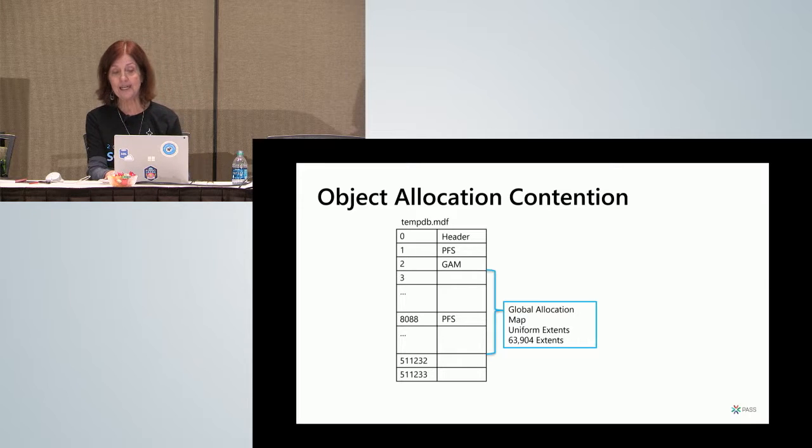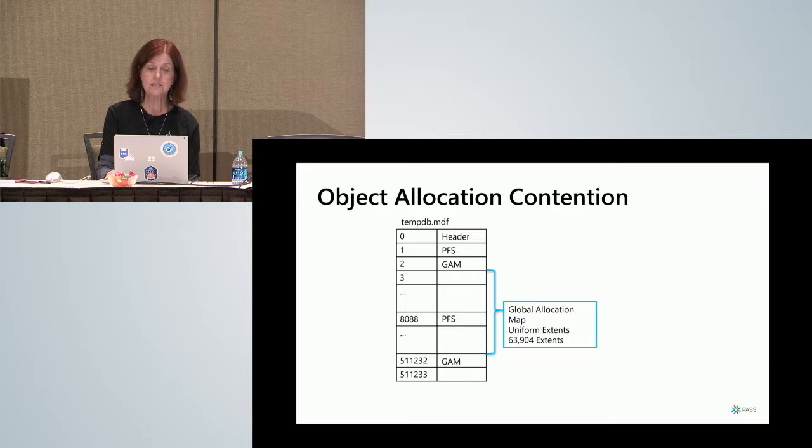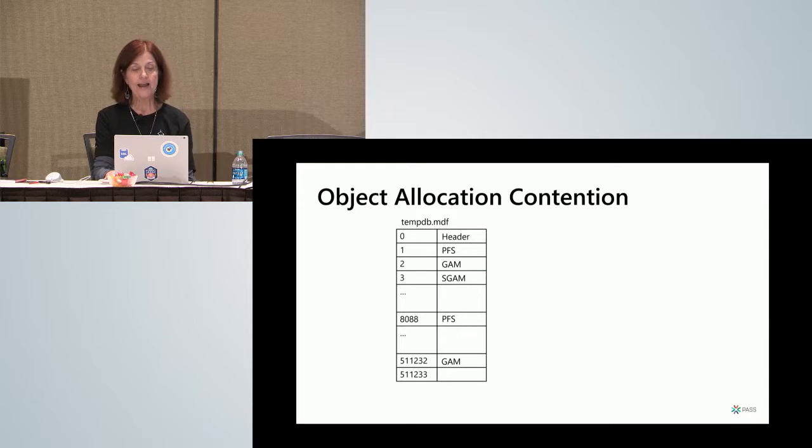So there's a global allocation map page every 63,904 pages, and another allocation page called a secondary. Some people call it a secondary global allocation map. Some people call it a single page global allocation map. Some people call it a shared global allocation map. Take your pick. I'll start with this: SGAM is the other name for it.